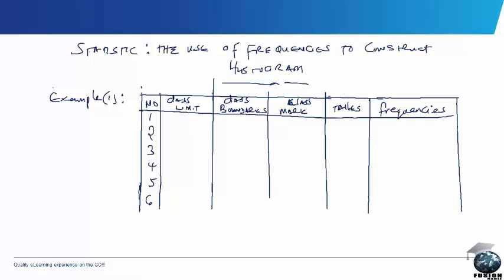And so for the first column, we have something called the class limit. We have to define what the class limit is. The class limit consists of 2 values. One we call the upper class limit, and the second value we call the lower class limit.